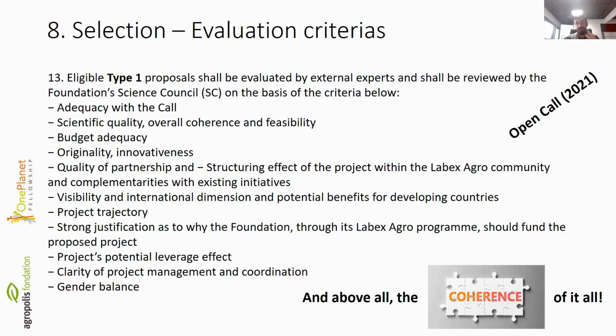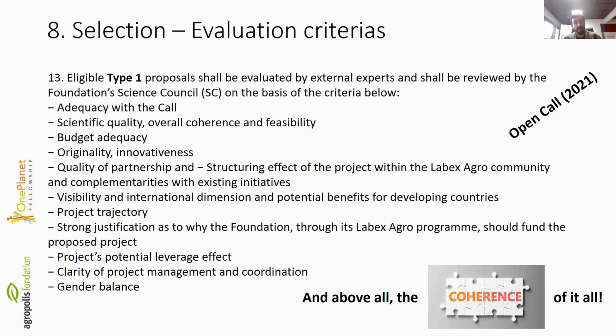So yeah, before writing the project, in the same way that you check the eligibility and the finance, look closely at the evaluation criteria and think, how could I adapt my project to be in line with most of these elements? Obviously, sometimes you won't be fulfilling all of them.